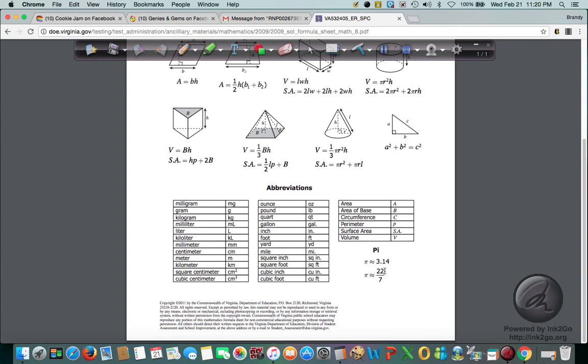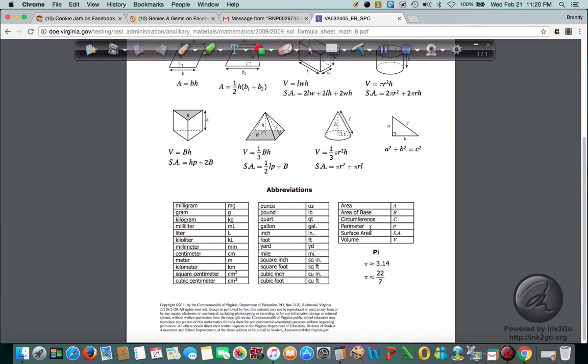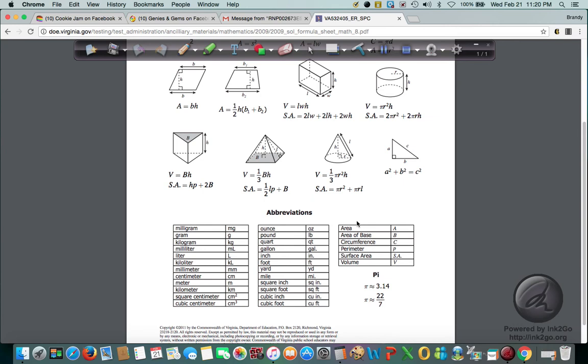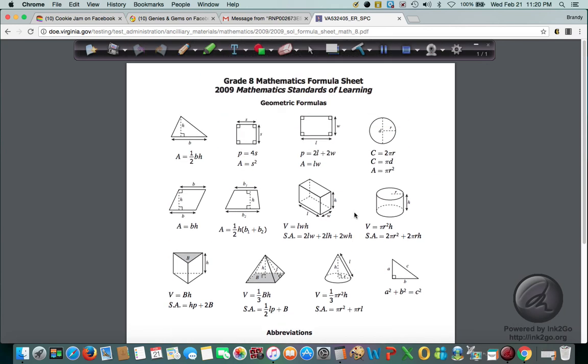I don't really think there'll come a time when you need the fraction for pre-algebra. Maybe when you get to algebra, definitely when you get to geometry, you might need the fraction version more. For this year, if you just use 3.14, you should be fine. It also tells you that the little p is perimeter. So if you forget what some of these letters are, you can look down here to see if they have the answer for you.